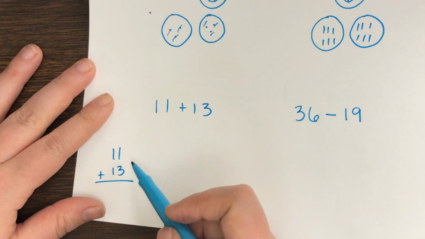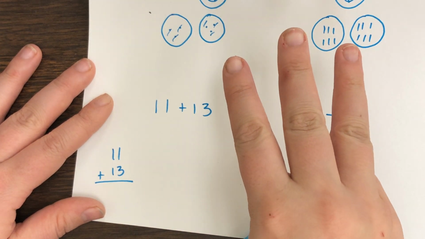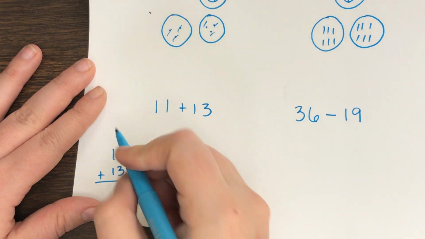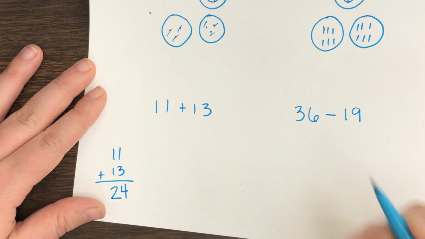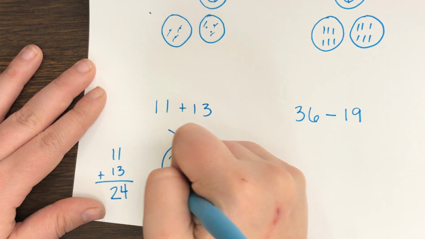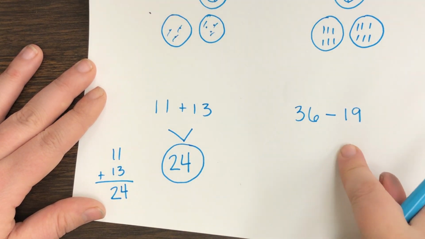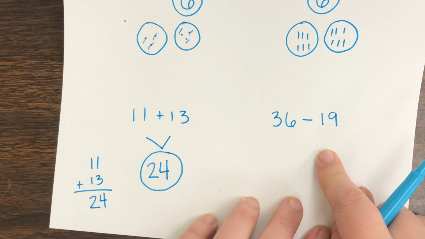So we always start in our ones place, and we're counting up. 1 plus 3. So 3 plus 1 more gives us 4. And then we have 1 plus 1, which equals 2. So my answer here is 24. So now we're going to come over to this side, and we're going to see if this also equals 24 or if it does not.